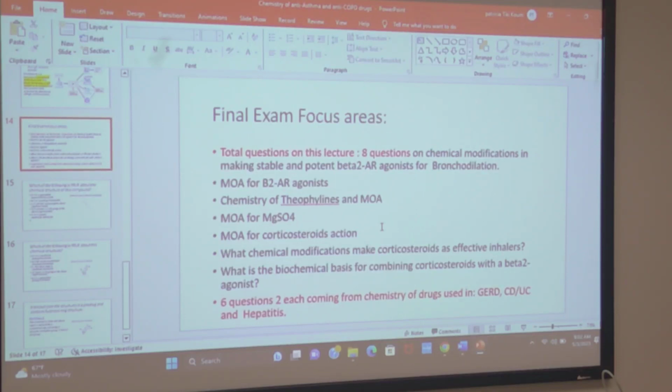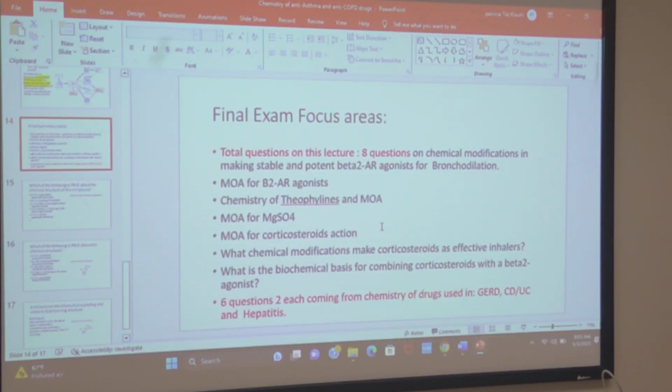Then they also increase the beta-adrenergic receptor expression. That will make more beta-adrenergic receptors on the bronchial wall surface. If we have a bronchodilator drug, that will enhance the effect of the corticosteroids. That is the combination therapy between the corticosteroid and the beta-adrenergic agonist.